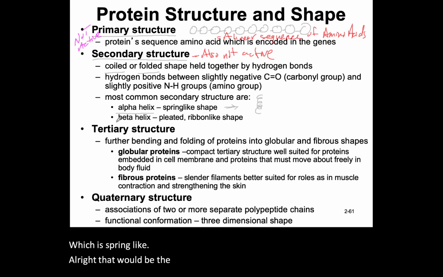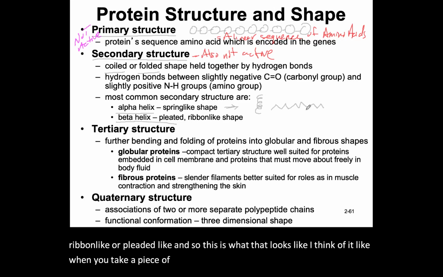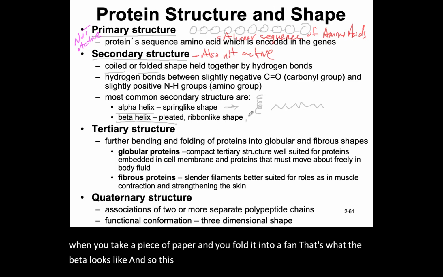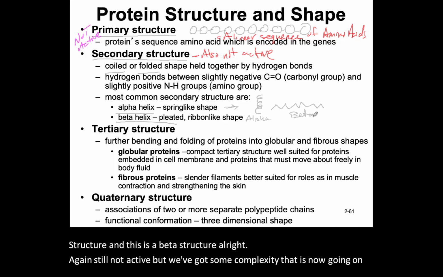Or it creates a beta helix, which is ribbon-like or pleated-like. And so this is what that looks like. Think of it like when you take a piece of paper and you fold it into a fan. That's what the beta looks like. And so this is an alpha structure, and this is a beta structure. All right. Again, still not active, but we've got some complexity that is now going on with the overall structure.